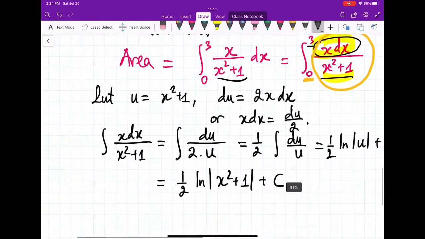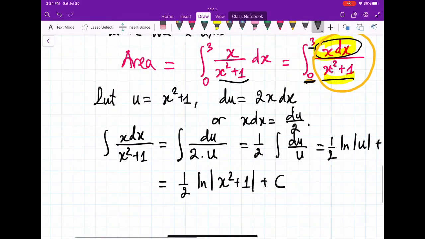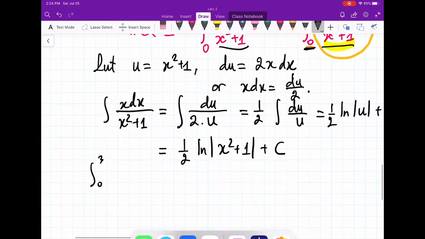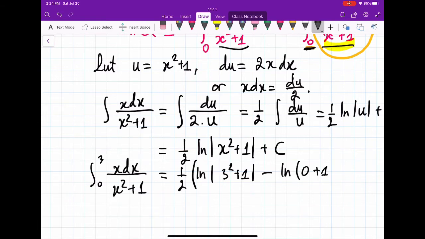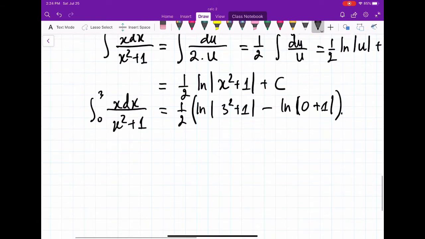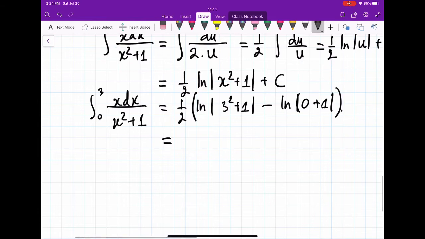Now I want to find the definite integral. No problem. I plug 0 and 3 into the antiderivative. I get 1 over 2 ln of what? 3 squared plus 1, and then minus ln of 0 plus 1, right? And in here I have 1/2 ln of 10.